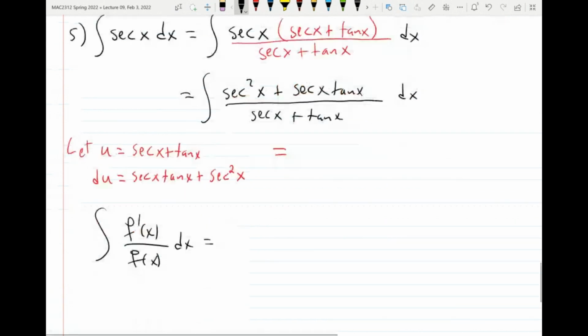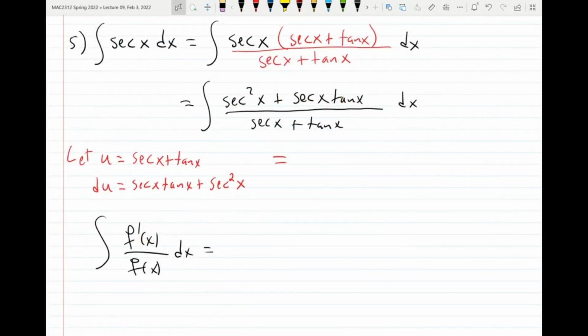What's the answer when the top is the derivative of the bottom? ln. Very good. This is ln of the absolute value of the function. Because if you make a u-substitution, then u is f, and du is the top. So that's the integral of 1 over u, which is ln of u, and then you put your f back.